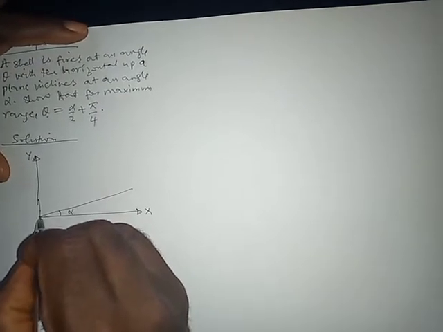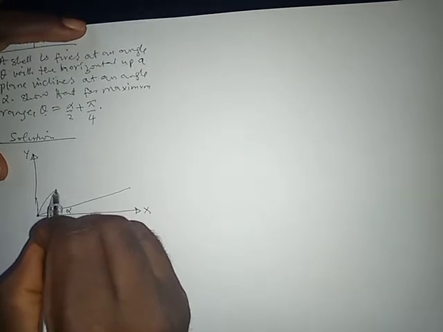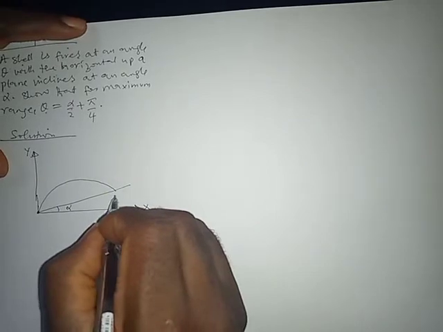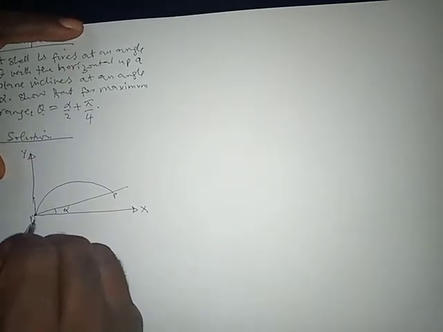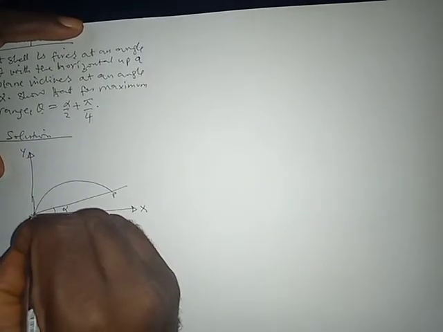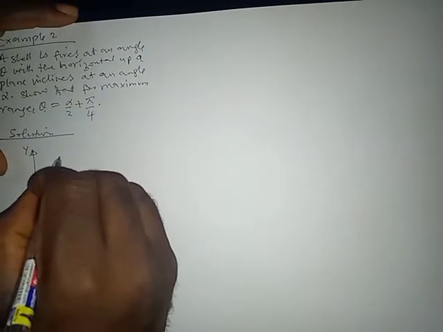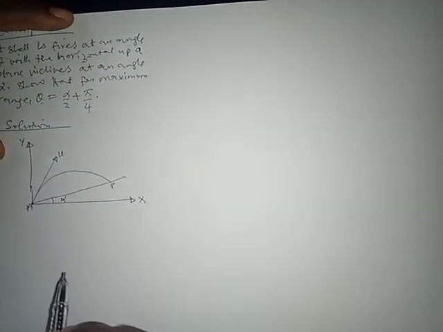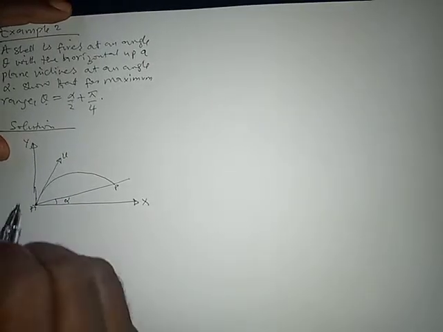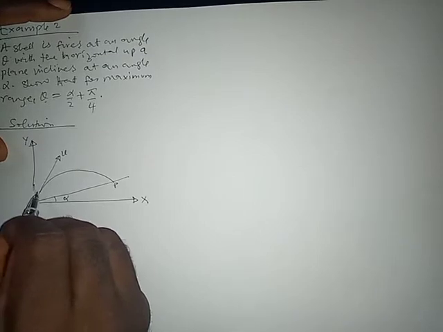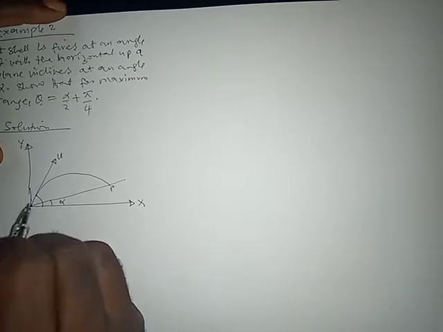The projectile's trajectory can be shown to be this, and the point here, say it is P, and the initial point is A. The velocity vector of the projectile is say U there, and the angle of projection to the horizontal is theta.